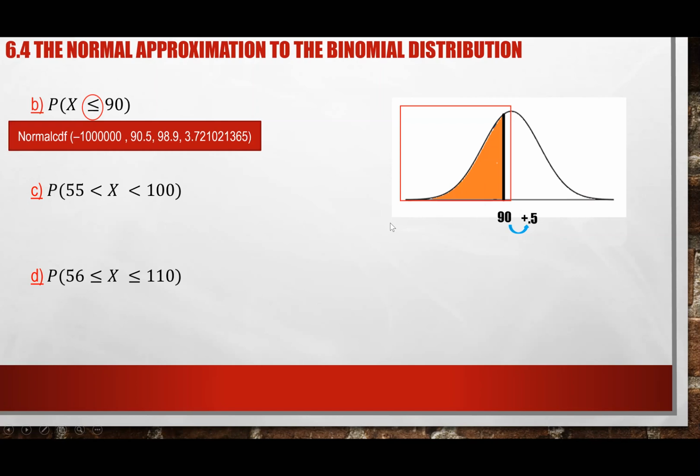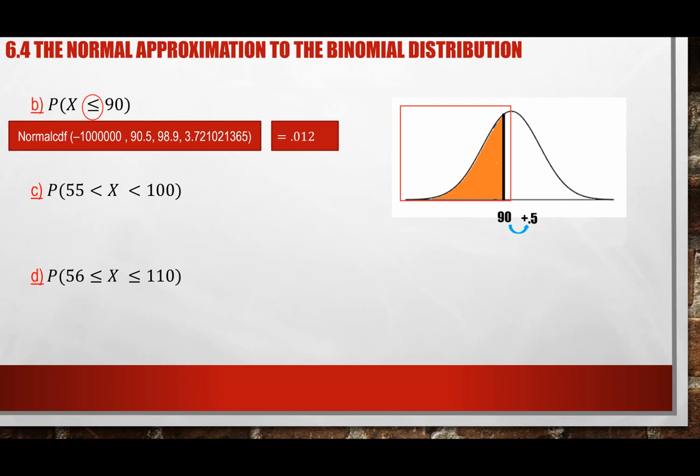Negative 10 million and 90.5, my mean will be 98.9, which is again N times P, and my standard deviation is 6.5. Once I see my endpoint, my mean and my standard deviation, I plug them in, which gives 0.012, the probability of X less than or equal to 90.